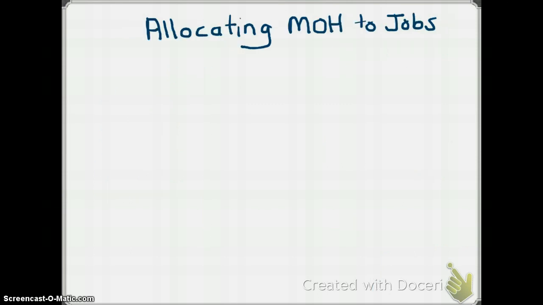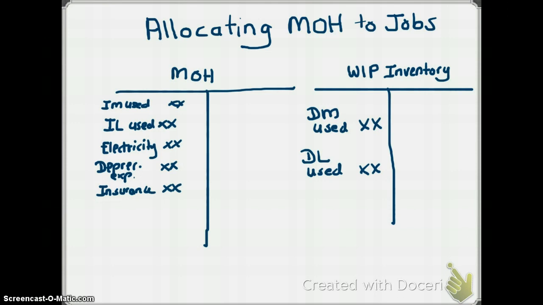Whenever we are allocating manufacturing overhead to jobs, the two accounts that are affected are manufacturing overhead and work in process inventory. If you notice in your manufacturing overhead account, you see all the entries we've done before. Those are our actual overhead costs that were incurred during the year. But if you remember, how do we allocate overhead to individual jobs?